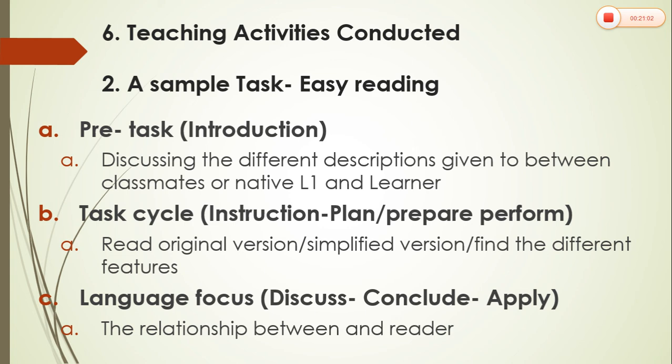Task cycle: instruction, plan, prepare, and perform. Read the original version, then read the simplified version and find the different features. There are two versions of the text, so read the original version and the simplified version and then find the different features.